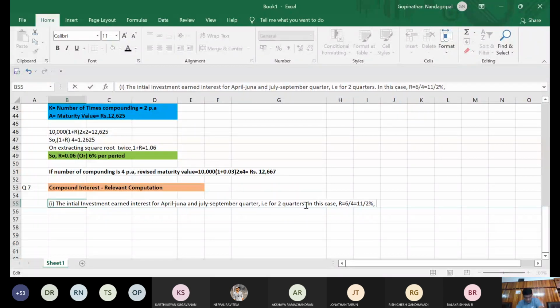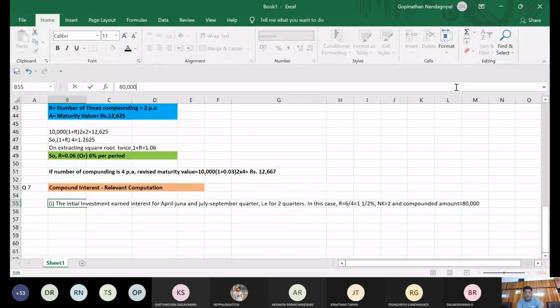What I'm trying to say here is that NK, the compounding, is equal to 2, and the compounded amount will be 80,000, which is given.